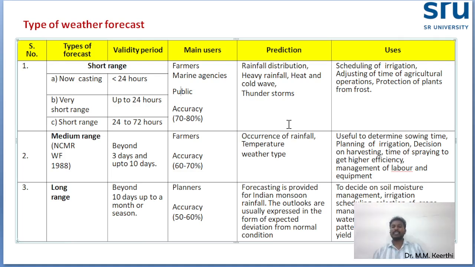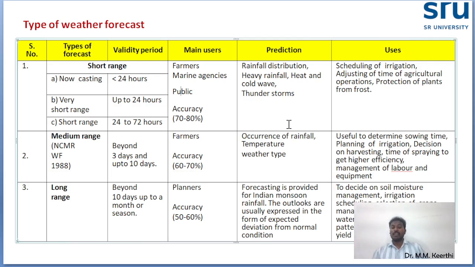If it is only 70 or 80% and will reach 90 to 95% only next week, they will postpone the harvesting dates and the time of spraying. That is very important. When to spray and how to spray, everything they decide based on medium range weather forecasting. These are some of the important uses of medium range weather forecasting.